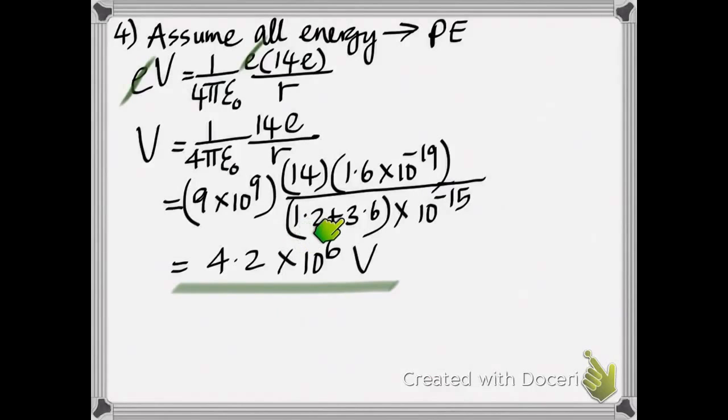That is why you have the two added together here to give you the total distance. And when you plug in all the numbers, you get 4.2 million volts. That is how much voltage is required to accelerate a proton so that it has sufficient energy to just touch the nucleus of silicon.